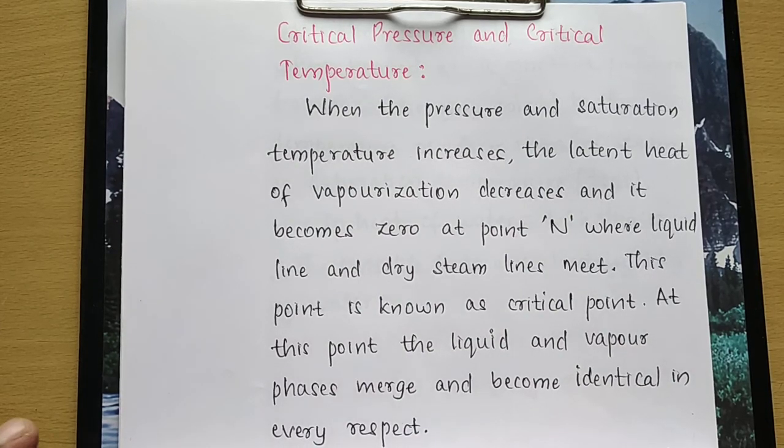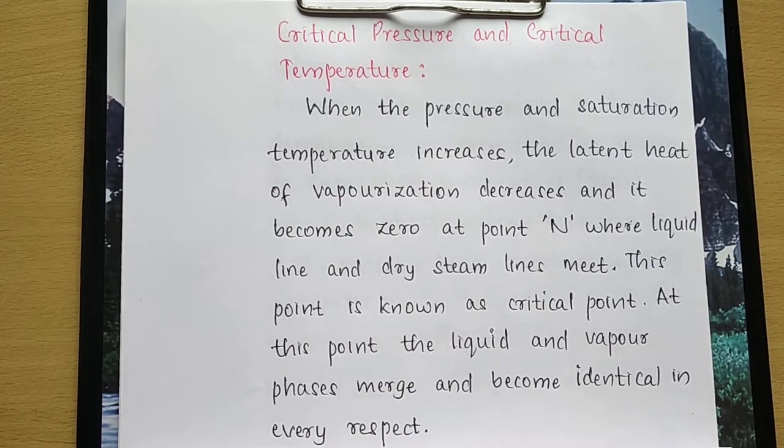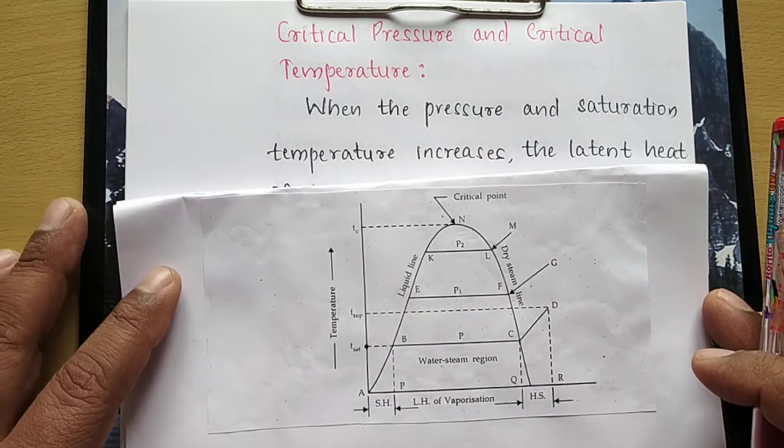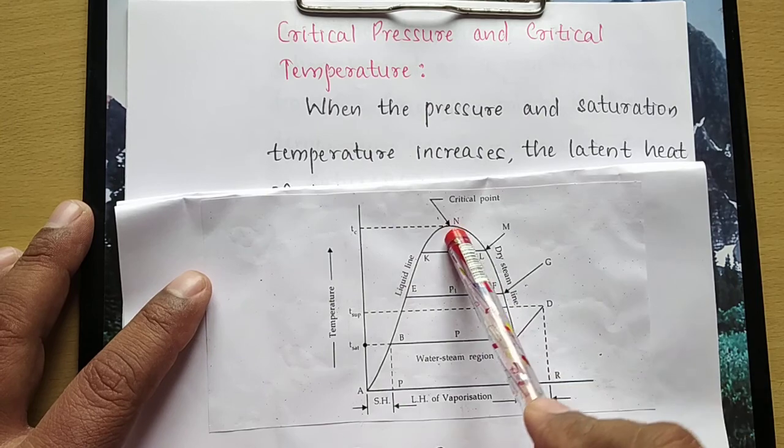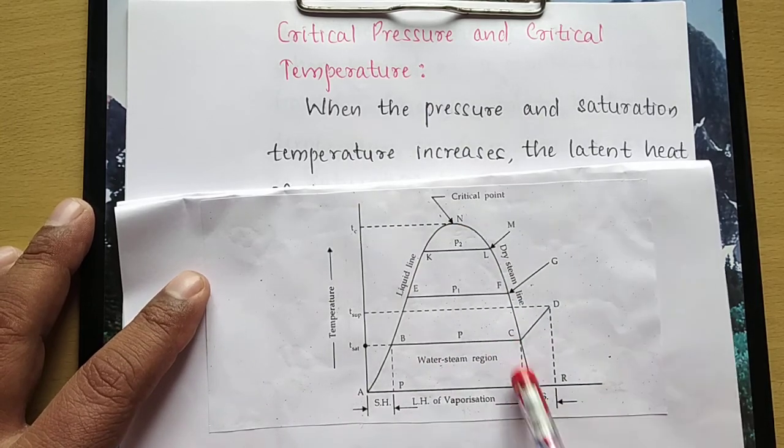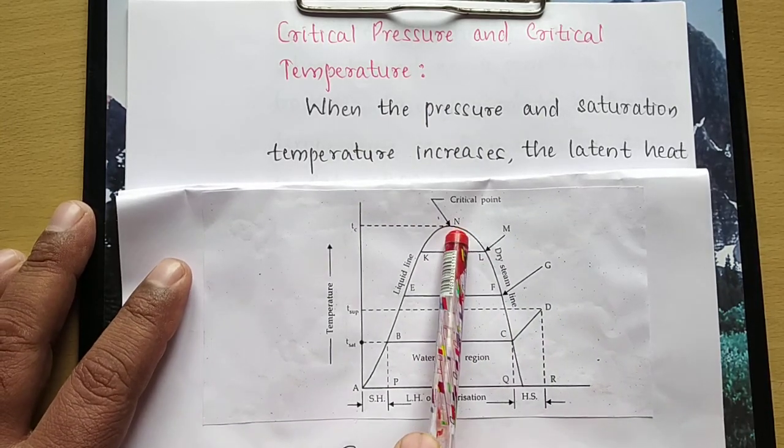Let us continue further and see what the critical pressure and critical temperature are. As I said, the lines A to N and N to Q meet at a point where the latent heat of evaporation is 0. That point is known as the critical point.